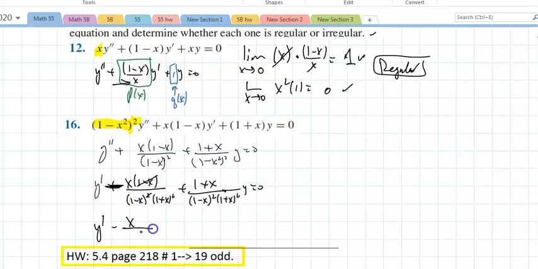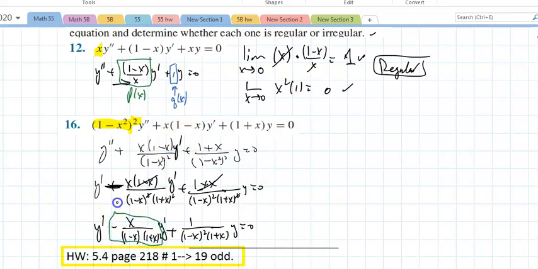That is x over (1 minus x)(1 plus x) squared. This cancels with one of those. You're left with 1 over (1 minus x squared) times (1 plus x), y equal to 0. So we know this is P, and we know this is Q.